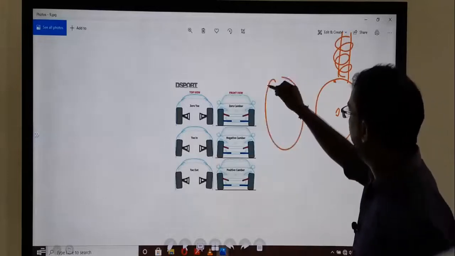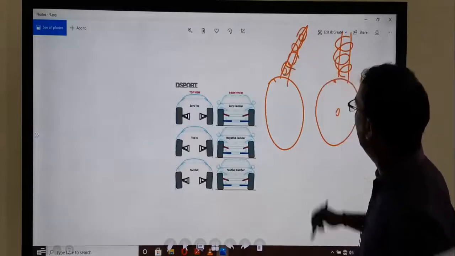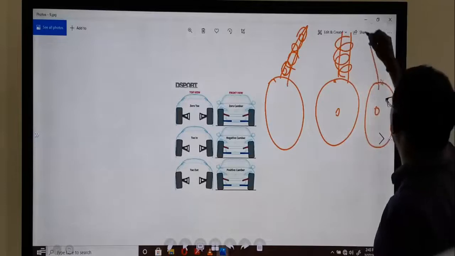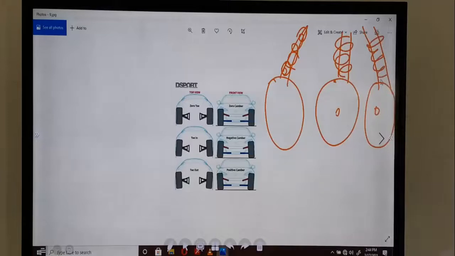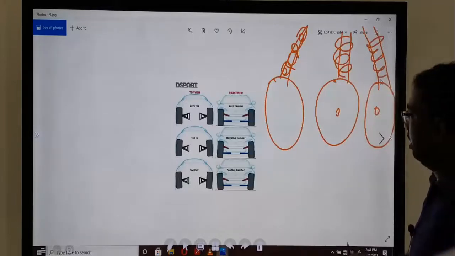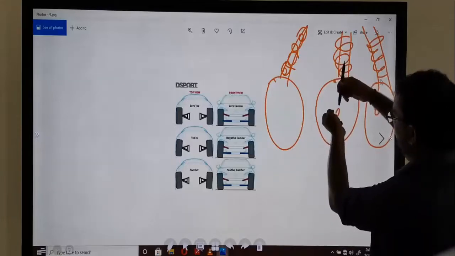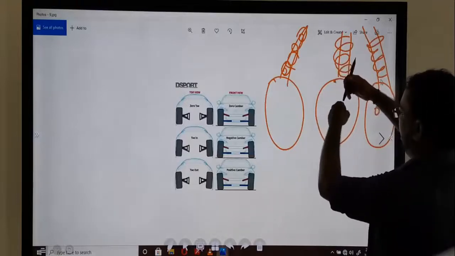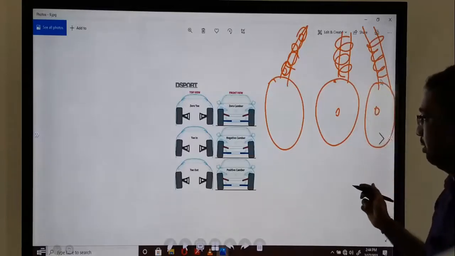Sometimes the shock absorber may move like this, so the wheel is going to move frontwards. That's called negative caster. If it moves inside, that means positive caster. You can search on the internet and find this clearly. So there are 3 axes.